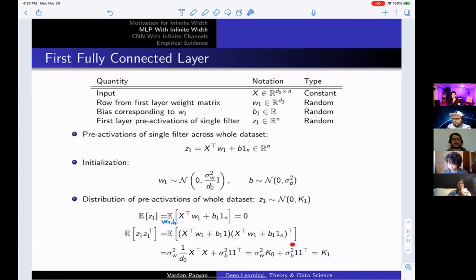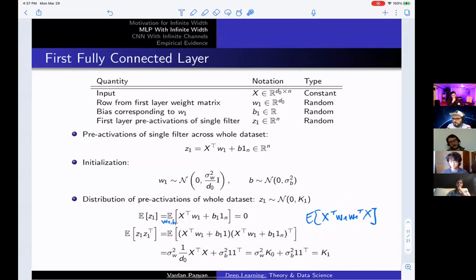Then if you open up the expressions, one of the expressions you would get is something like the expectation of X transpose W1 W1 transpose X. For example, for that expression, if you take the expectation of W1 W1 transpose, that's simply equal to an identity times a scalar. And so that is why we obtain this quantity.